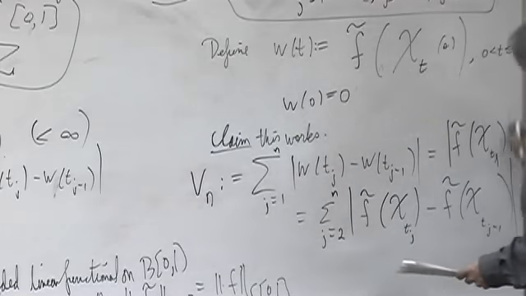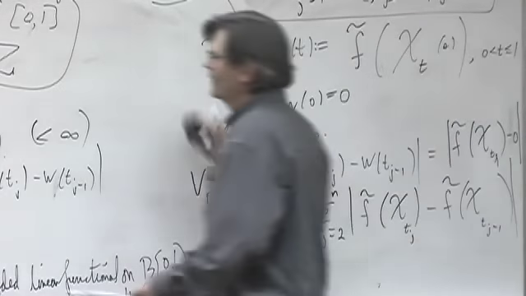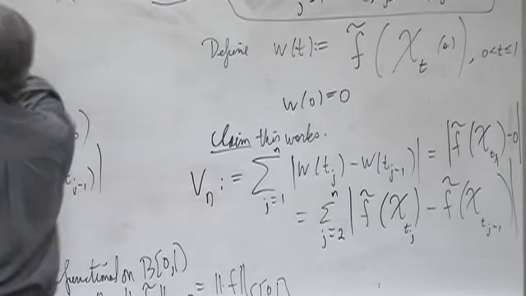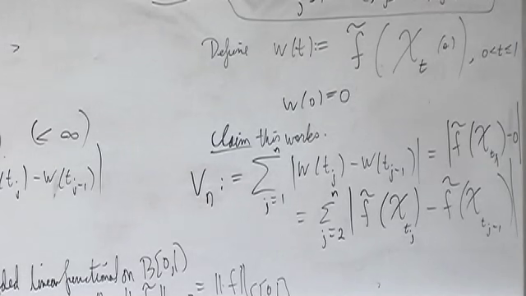Minus 0 if you want to put in the minus 0, because w of 0 is 0. Okay. Now what am I going to do? This proof is a little bit nasty. What I need to do is plus.